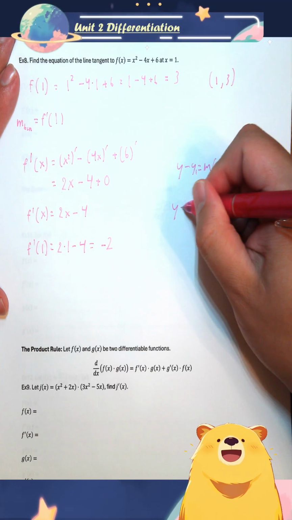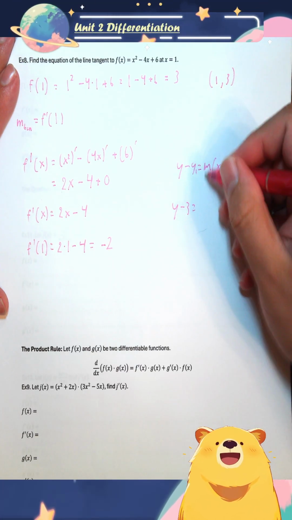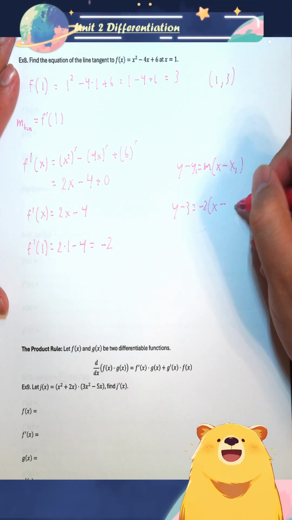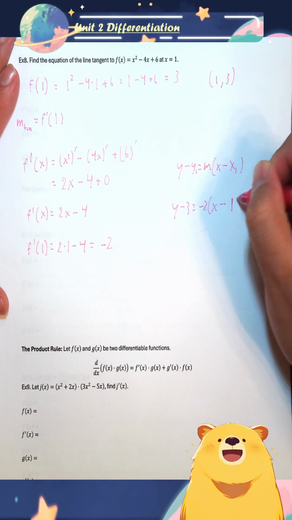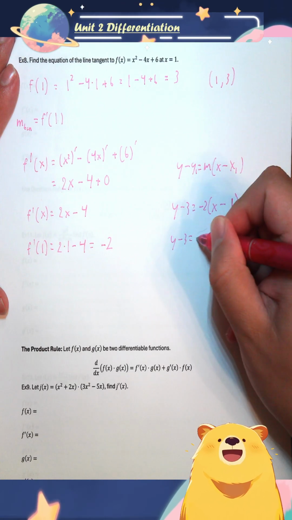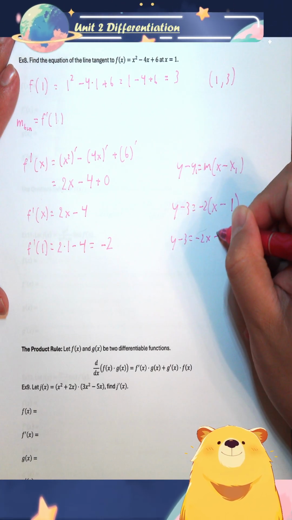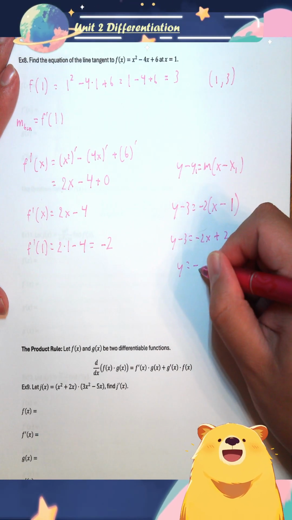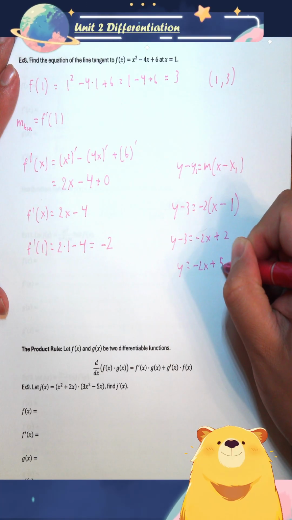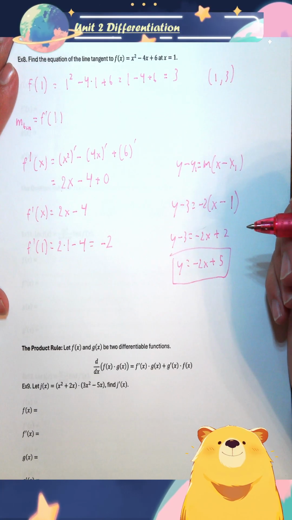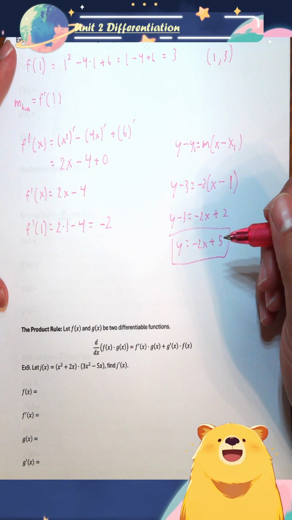Plug in everything. We know that y1 is 3 in this case, m is negative 2, and x1 is 1. Distribute that negative 2, and then let's add that 3 to get just y equals by itself. And that's the answer.